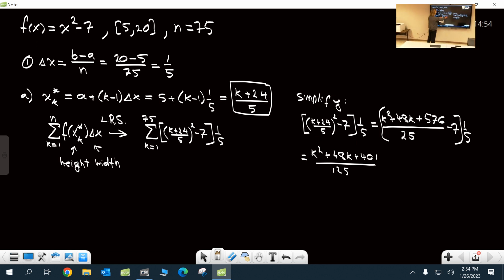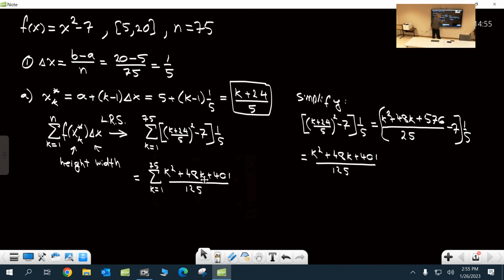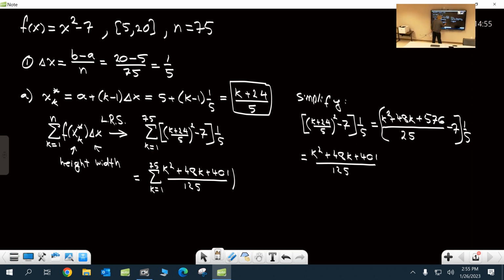In other words, I'm going to replace this here. So what do I end up with? The sum from 1 to 75 of exactly this expression. Actually, let me just copy this. Okay, I could put it in parentheses.